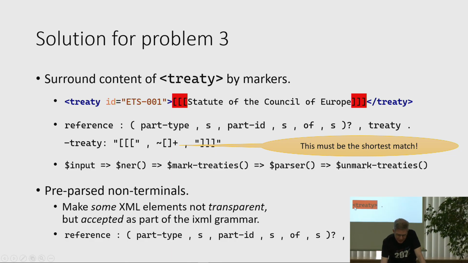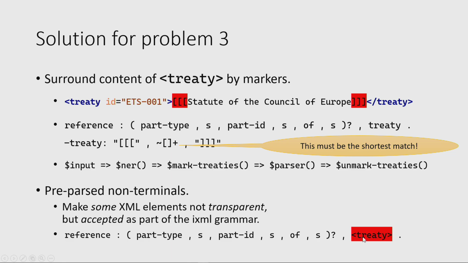So here I thought let's use pointy brackets, because we use those anyway in XML. And if you use this notation, the parser will parse everything as usual, but it will see that at some point in the input there's a treaty element.